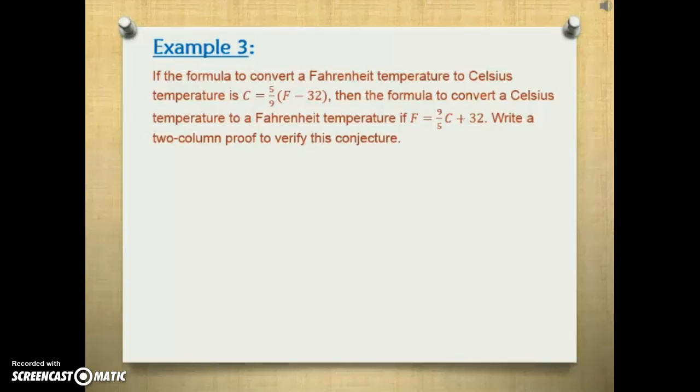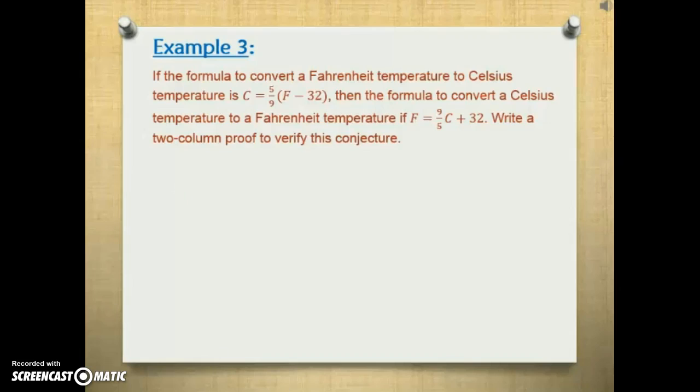So in example 3, it says, if the formula to convert a Fahrenheit temperature to Celsius temperature is this equation, then the formula to convert a Celsius temperature to a Fahrenheit temperature is this. Write a 2-column proof to verify this conjecture. Alright, so we're going to go ahead and draw ourselves the columns.